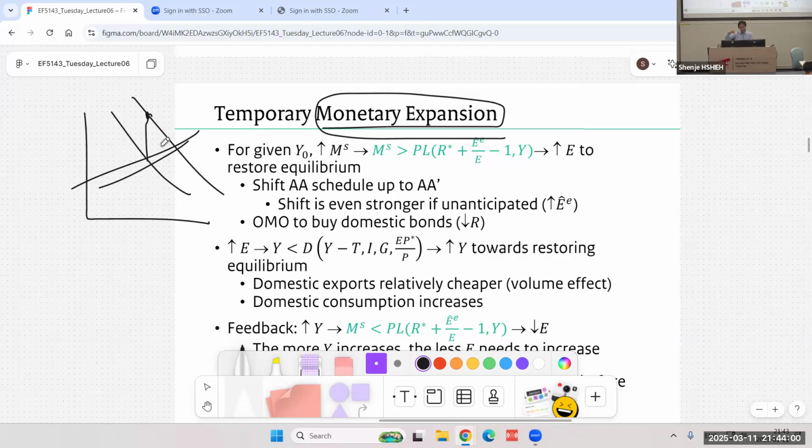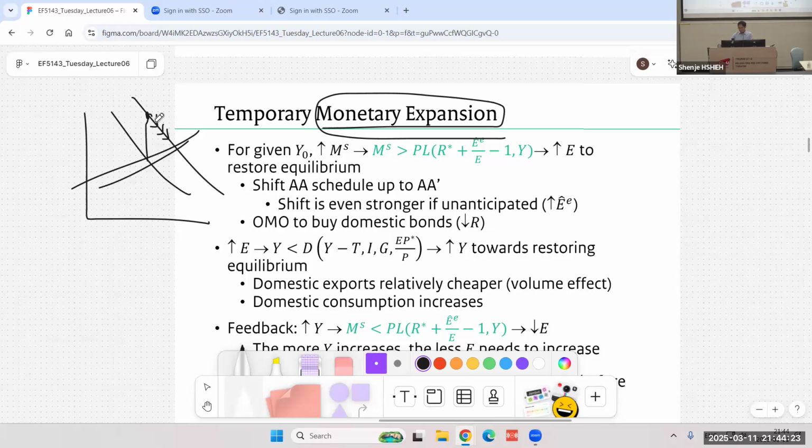So once we get onto the AA schedule, you'll see that we're out of equilibrium. And because there's a gap between the required E for the DD schedule versus the E on the new AA schedule, there's going to be an export effect, right? Because Q has changed. With a different Q, exports want to increase.